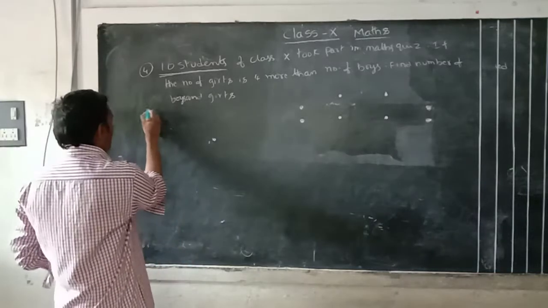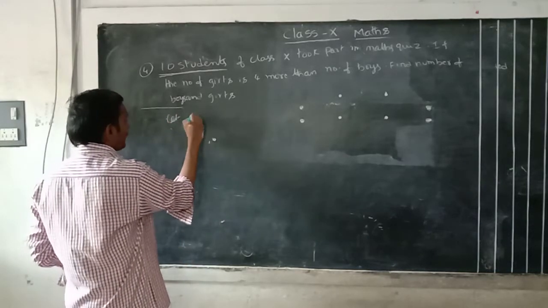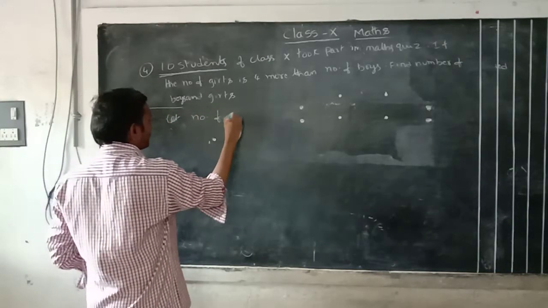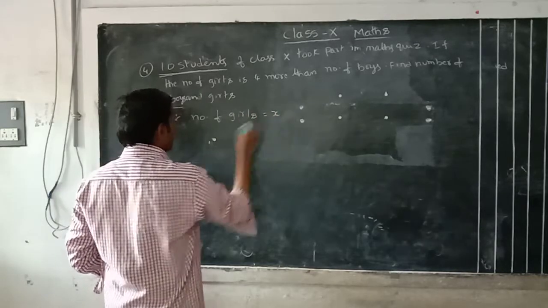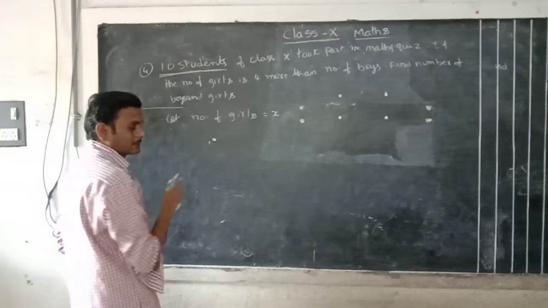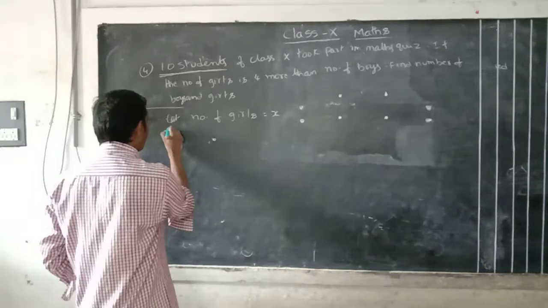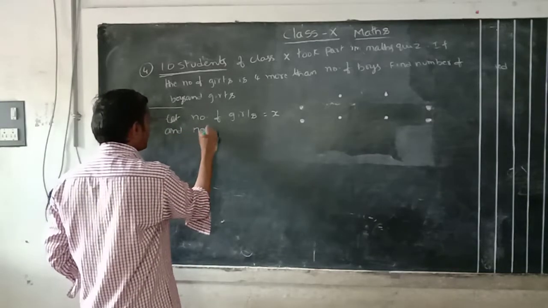Okay, let the number of girls equal x. We don't know how many girls are there, how many boys are there. And the number of boys equal y.